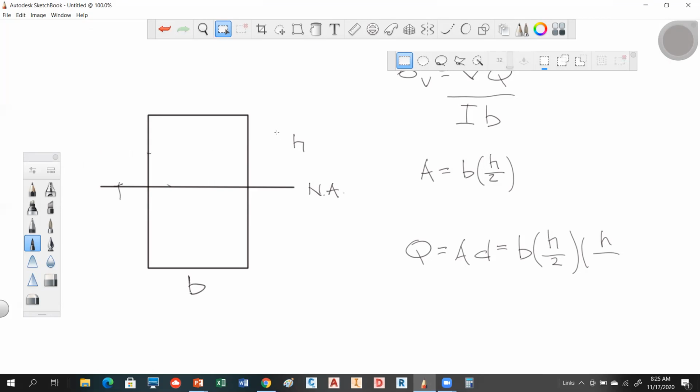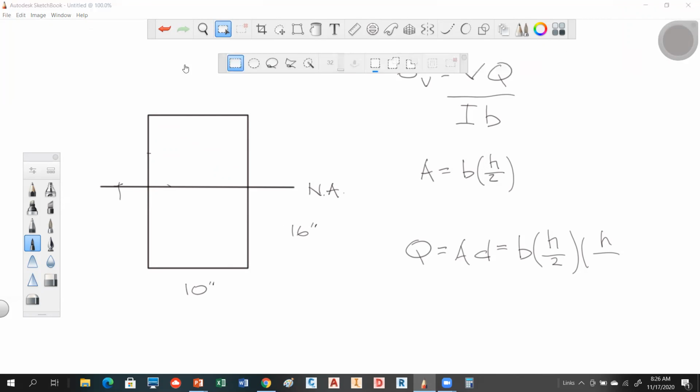If they give you some numbers here, let's say this is 10 inches and this total is 16 inches. We're going to calculate a Q real quick.